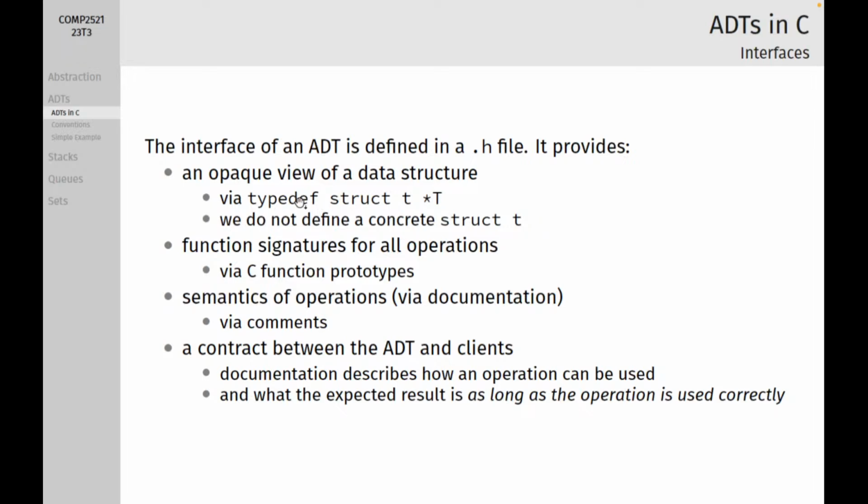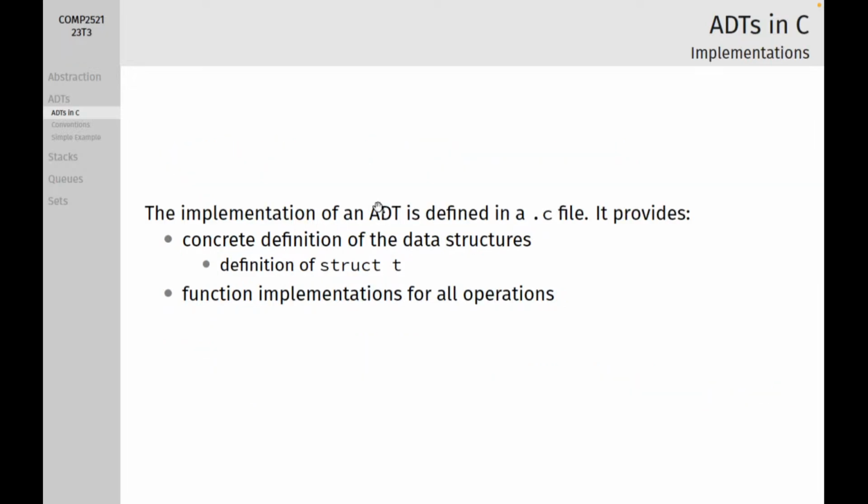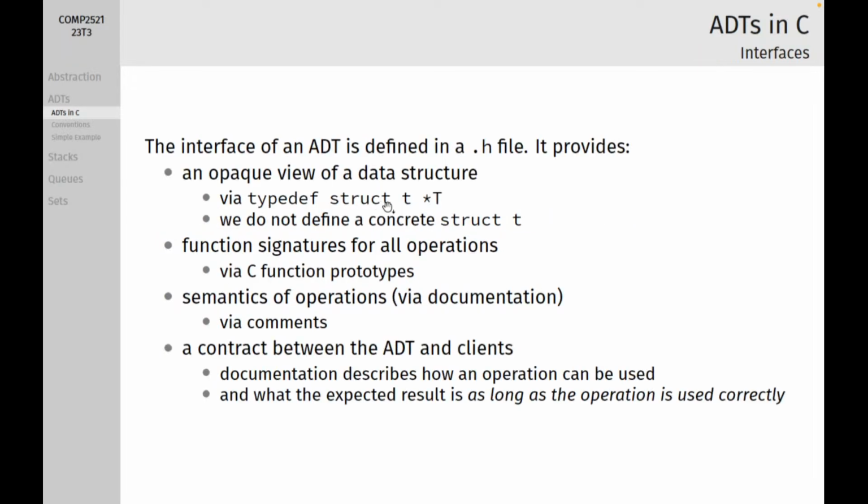So what this typedef actually means is it's giving a new name for struct T star, a pointer to a struct. So instead of saying struct T star, we can just write T instead. And that sort of hides the fact that a T is actually a pointer to a struct, because users don't need to know about that.